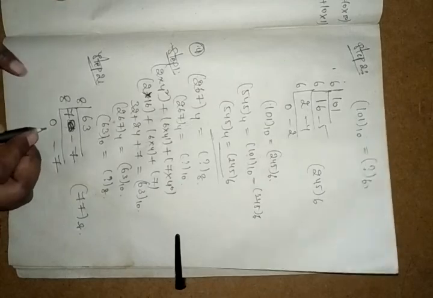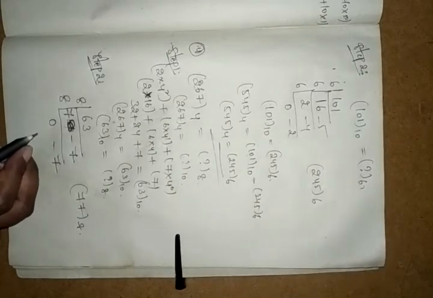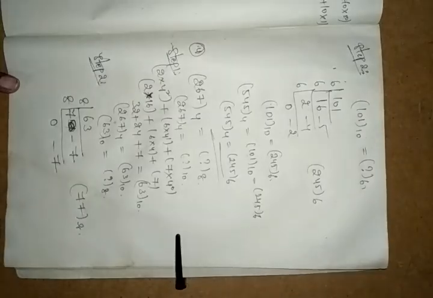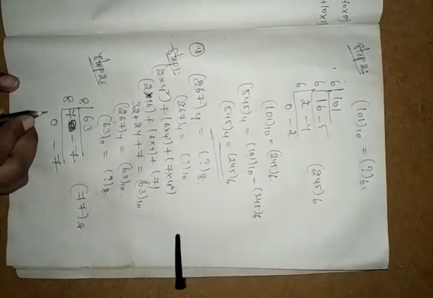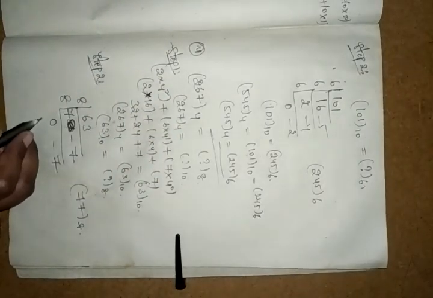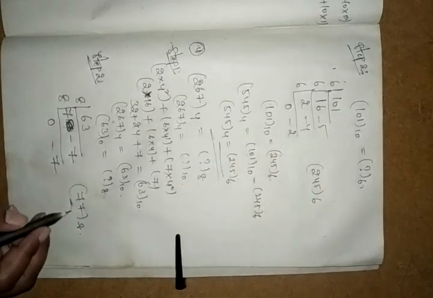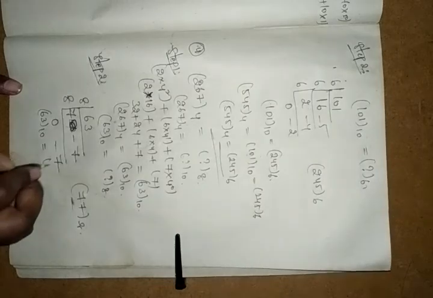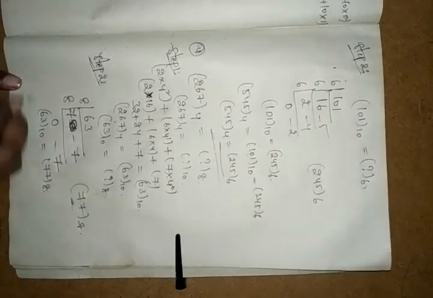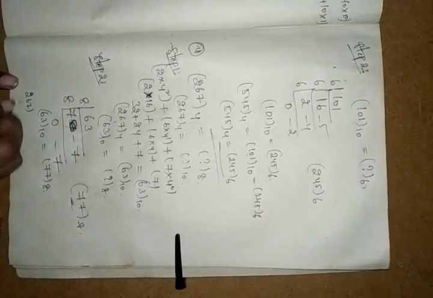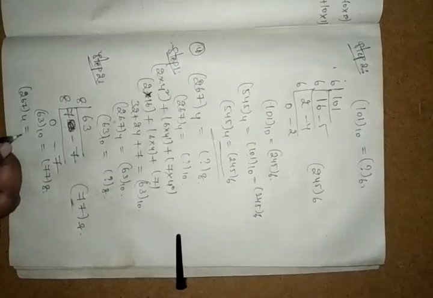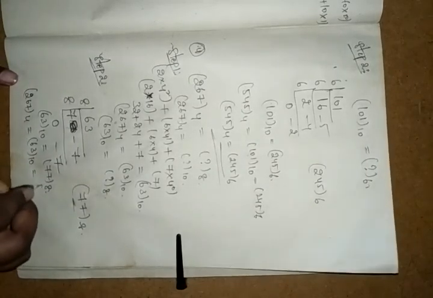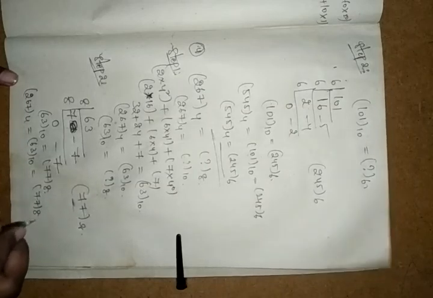So here we took 267 base 4, converted it into 63 base 10, and that is again converted into 77 base 8.